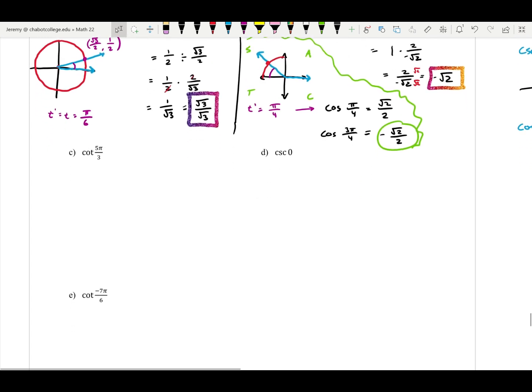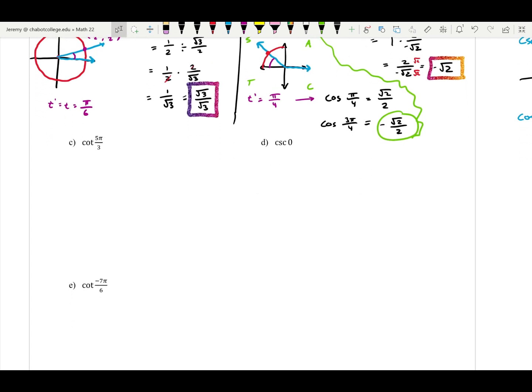Okay, let's keep going. How about cotangent of 5 pi over 3? Let's keep going with the same kind of process here. Where is 5 pi over 3? Well, 2 pi is the same as 6 pi over 3. 5 pi over 3 is just going to be 1 pi over 3 less than that, so that's going to land us right here.